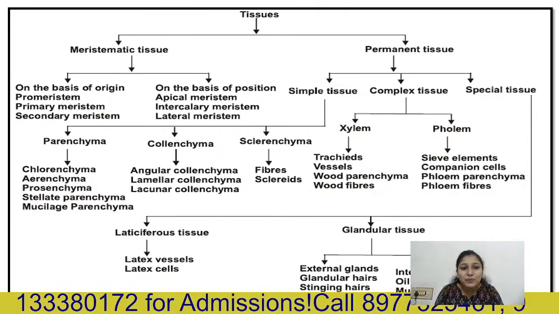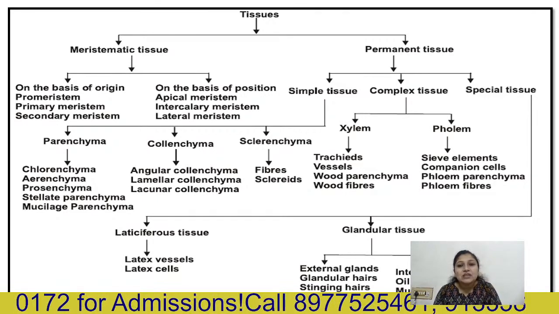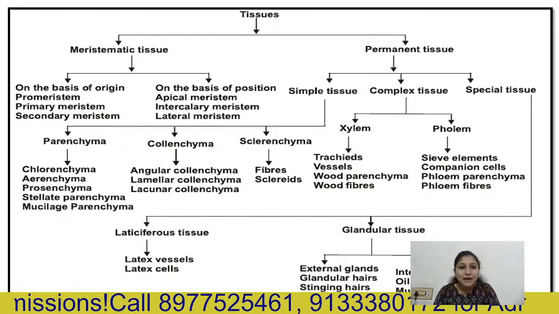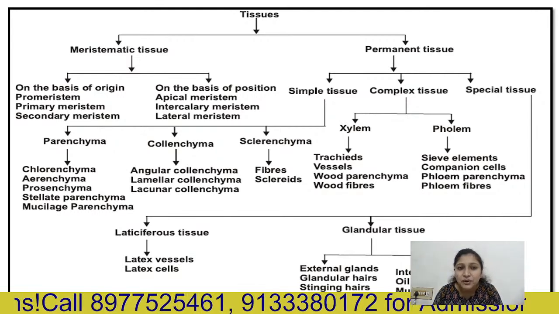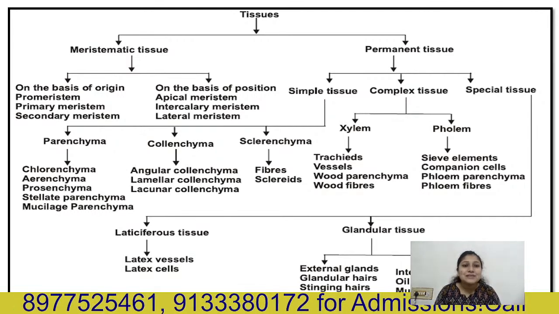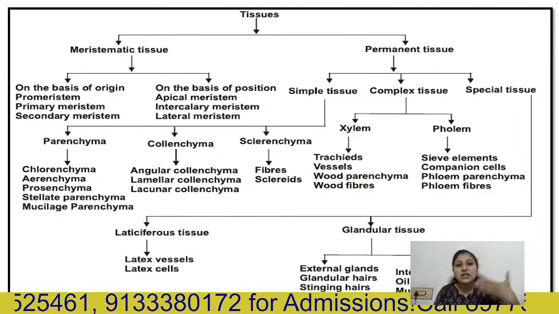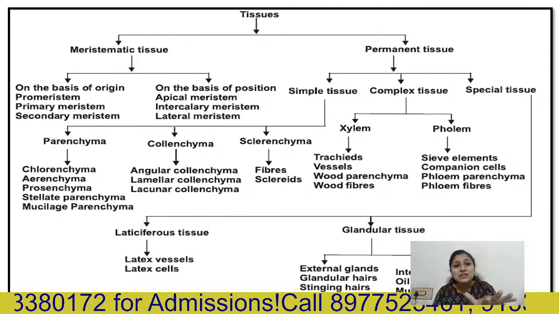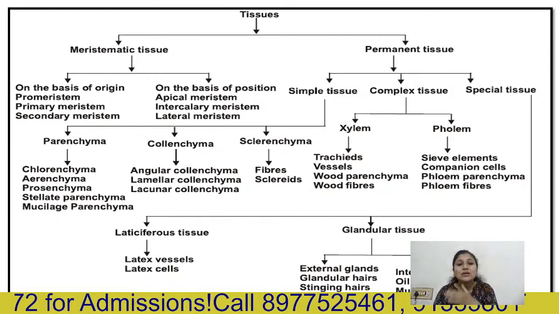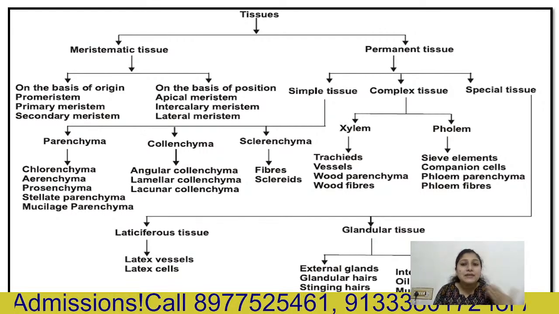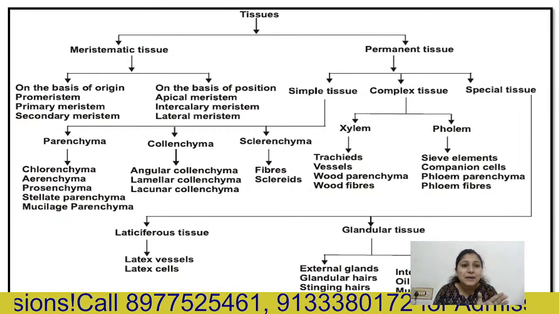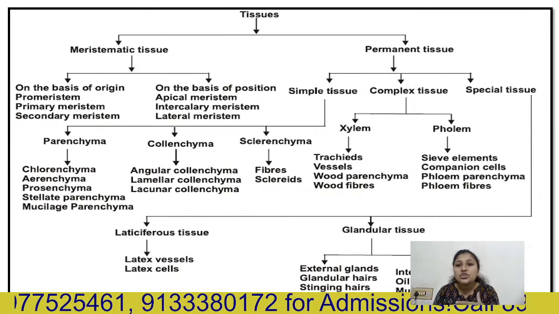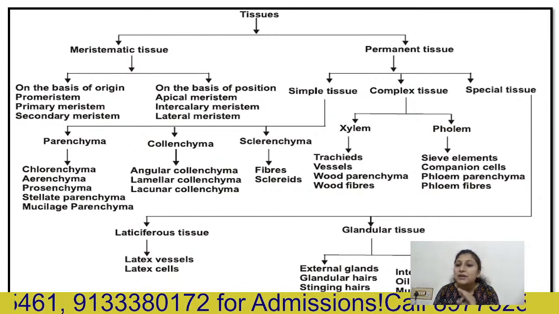Tissues of plants are divided into two main parts, meristematic tissue and permanent tissue. Meristematic tissue means continuously growing tissue, and permanent tissue is when this meristematic tissue loses its capacity to divide, matures and differentiates to form a permanent tissue.